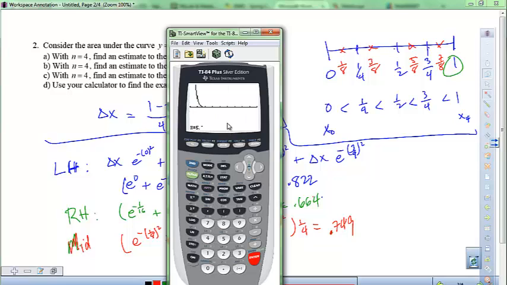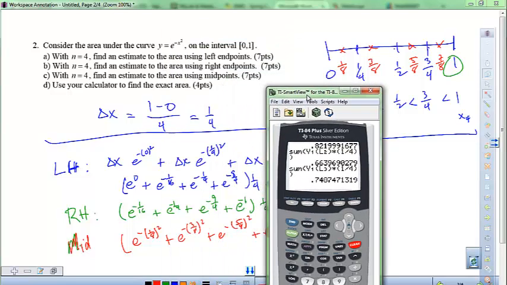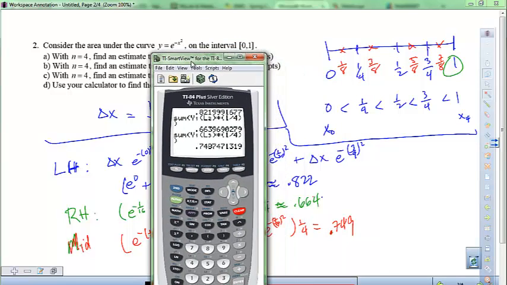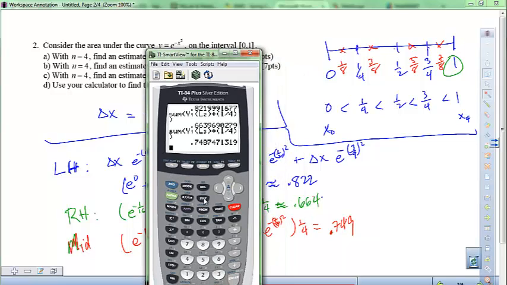So I didn't graph it yet, so maybe I should think about graphing it first. Let's clear this, because I don't think I have appropriate windows. I just want to go from 0 to 1, and I don't know exactly how high this is going to go, so let's do a standard plot first.